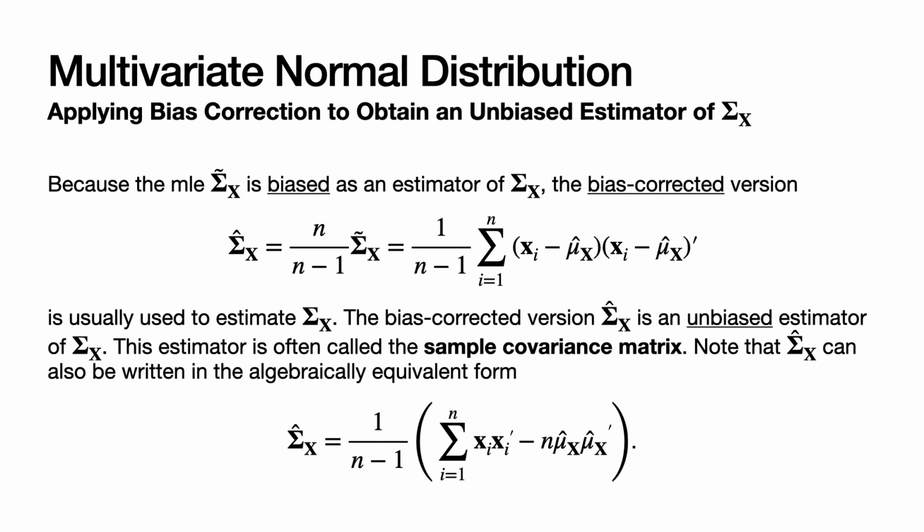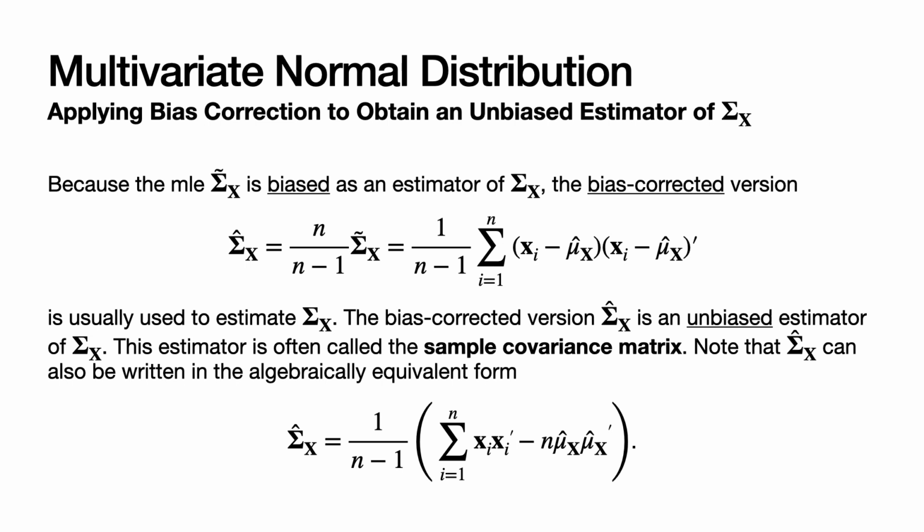The bias-corrected version is obtained from this biased MLE by multiplying it by the adjustment factor n over n minus 1, which is slightly larger than 1. Doing this pushes the individual estimators within the matrix a little further away from 0, and this results in an unbiased estimator of the population covariance matrix. This unbiased estimator is often called the sample covariance matrix.